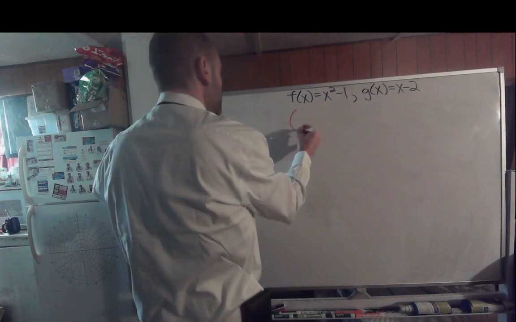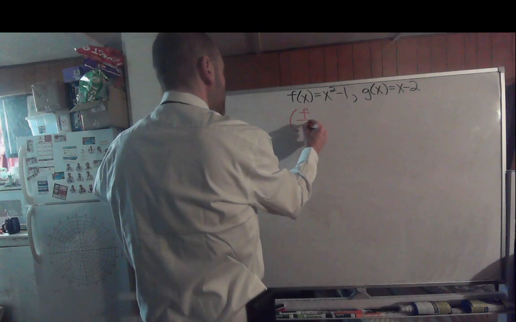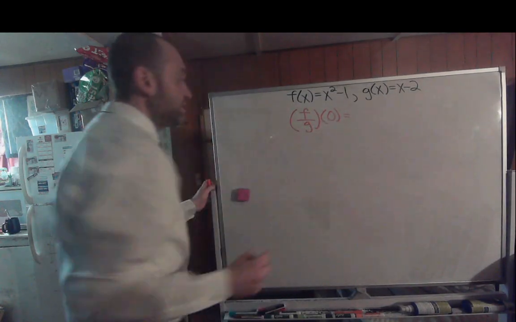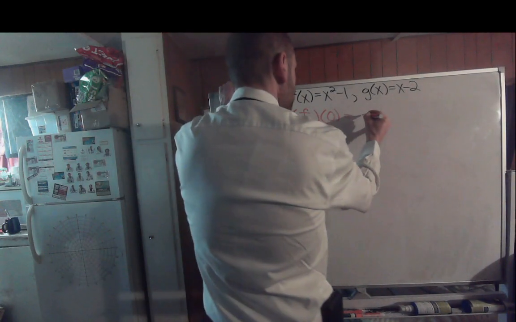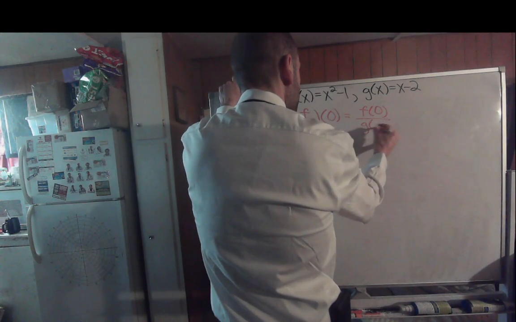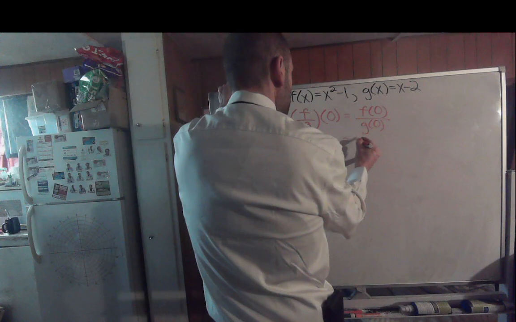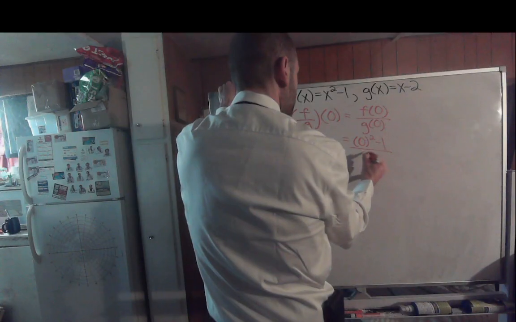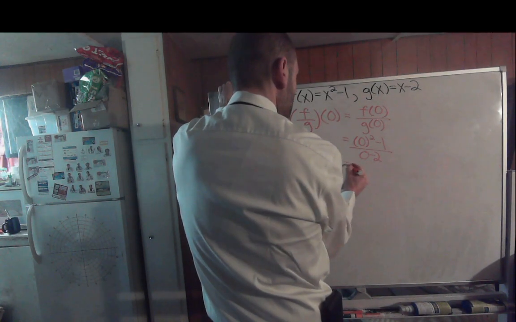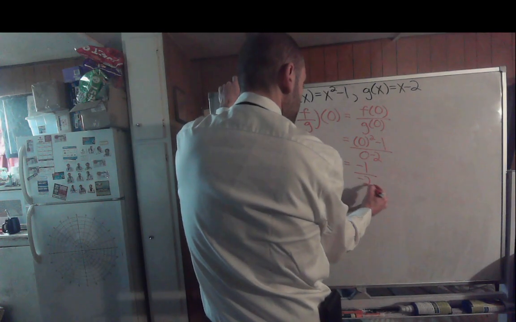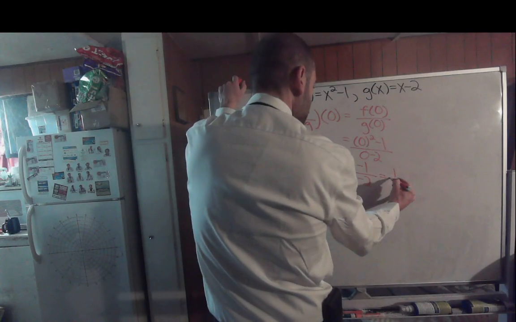All right, let's see. We have f divided by g of 0, so that's going to be the same as f of 0 divided by g of 0, which would end up giving you 0 squared minus 1 over 0 minus 2, which would give you negative 1 over negative 2, which would give you a value of positive 1/2.